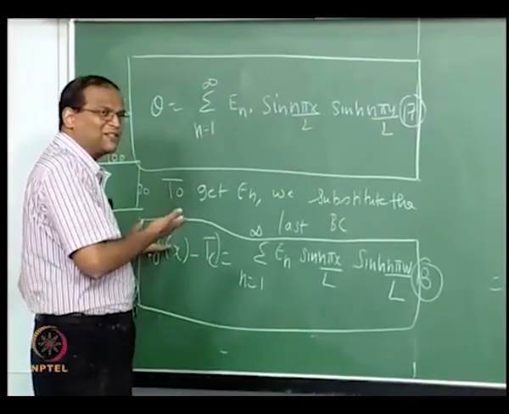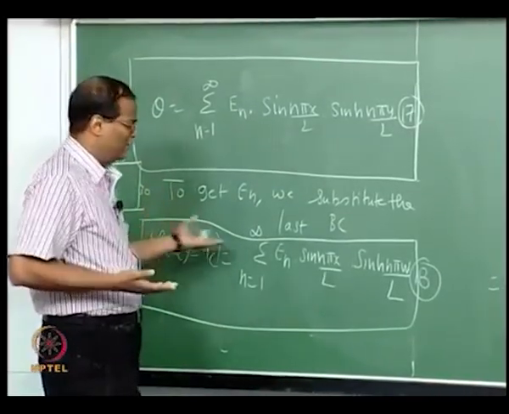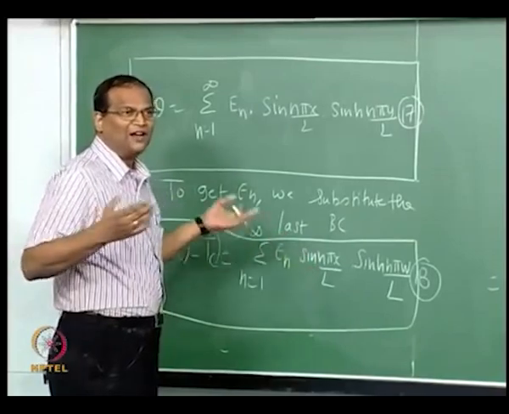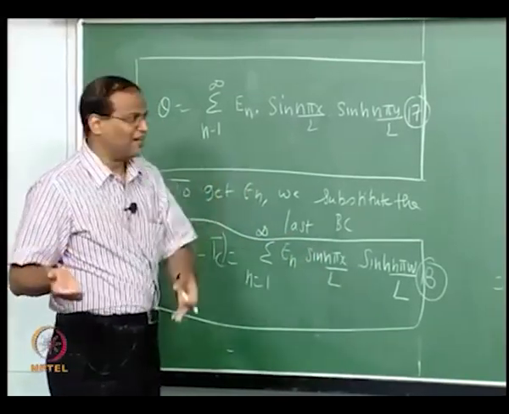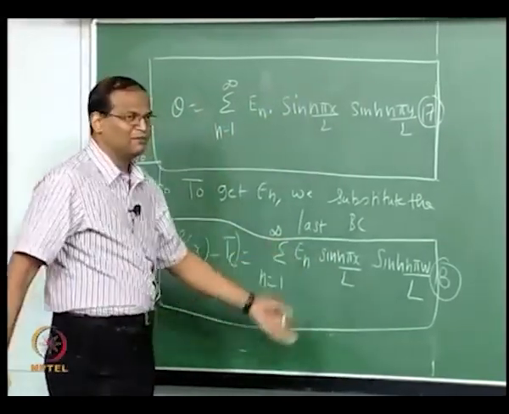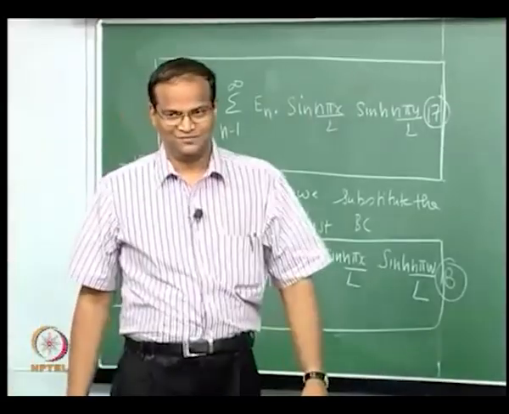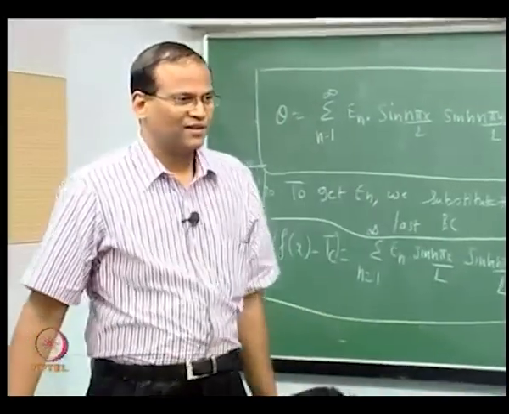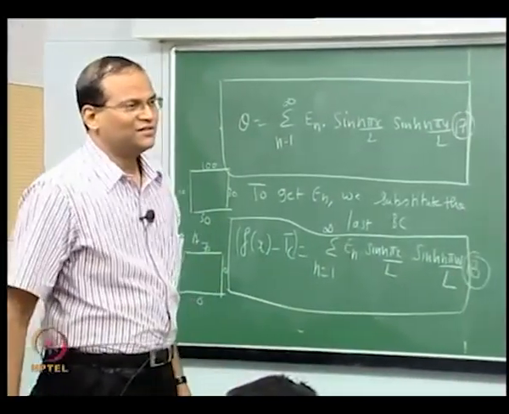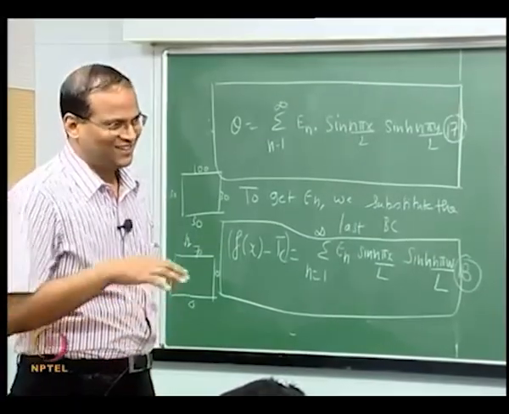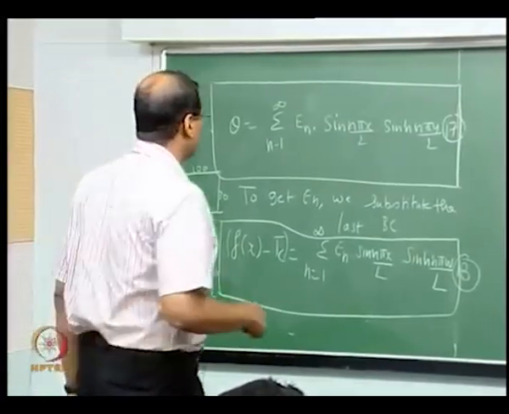Therefore it is possible to express f of x as an infinite series using the sin n pi x by L and comparing the left hand side and right hand side, that Cn is nothing but the En, okay. This is the way to solve this Laplace equation using the method of separation of variables.